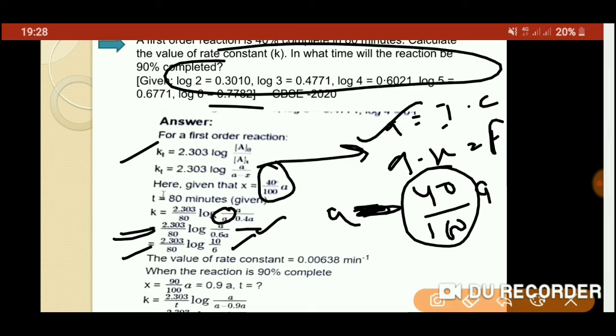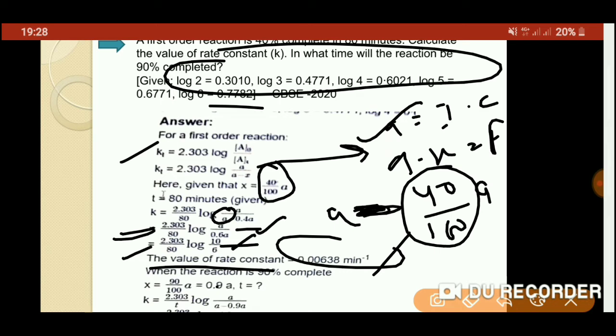Then 1 minus 0.7782 gives the answer. The value of the rate constant is 0.00638 minute inverse.